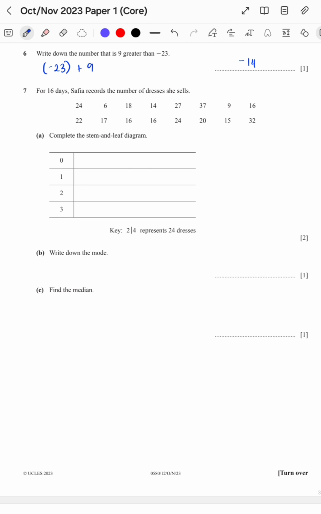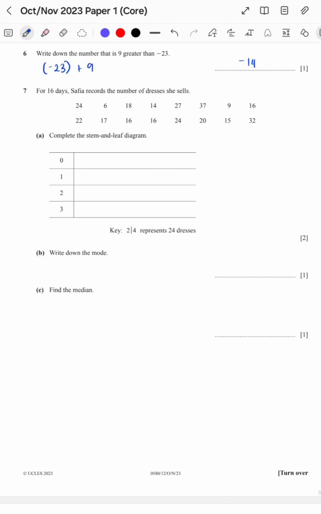Question number 7. For 16 days, Sophia records the number of dresses she sells. Complete the stem and leaf diagram. The numbers in this column are the first digit of the number of dresses that she sells. Good practice here is to write your data from smallest to biggest.